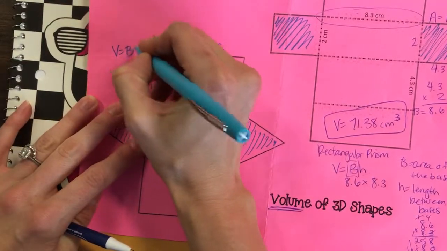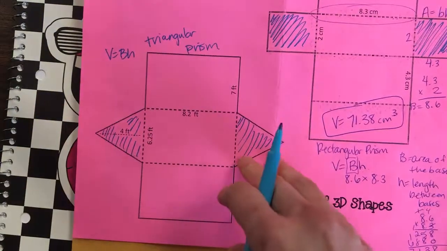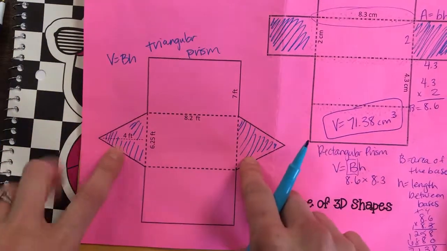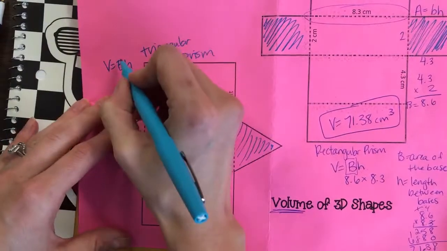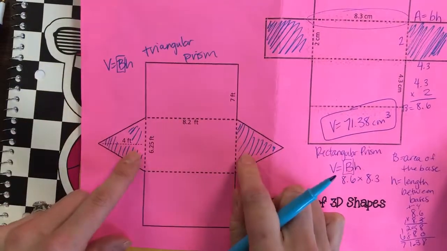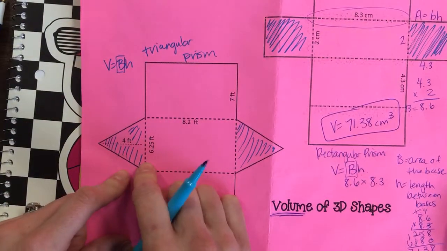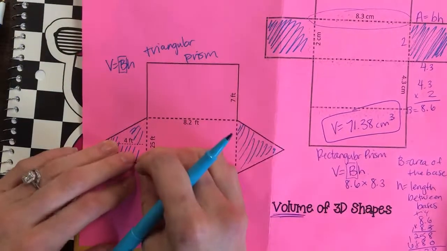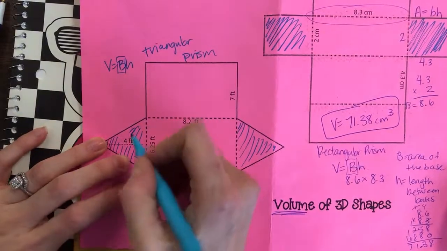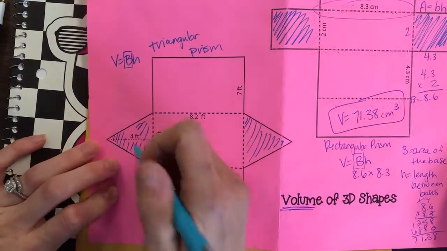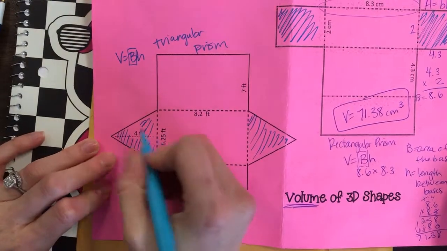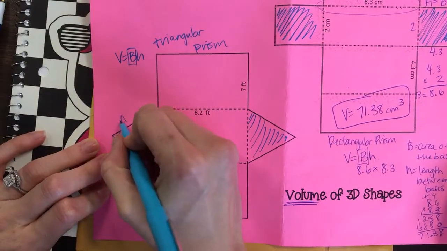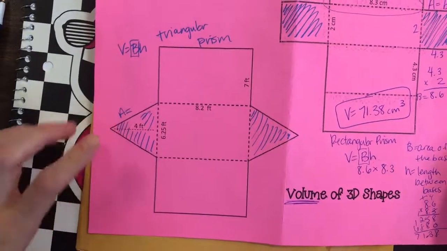So volume equals capital BH. Now this is where it gets kind of tricky with this one. My bases, remember capital B is area of the base. So I've got to find the area of this. And if you have your surface area paper, you've already done this math. I'm gonna work it out, but if you still have all that work, then you've already done this. So for the area of the base, I need to make sure I know what shape my base is.